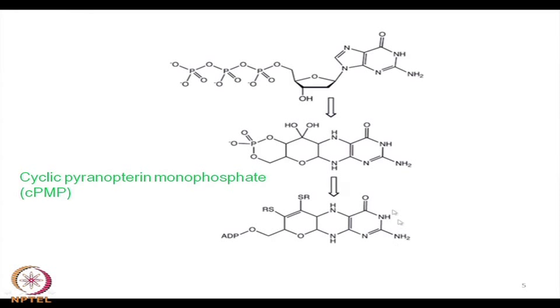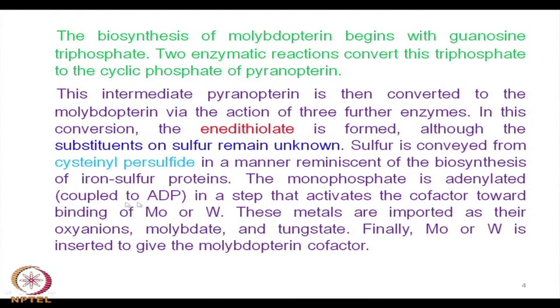very much important, but how it can be generated? People were also able to trace the different enzymatic steps, whether you require 2 enzymes in one step or 3 enzymes in the other step, and you require groups such as cysteine persulfide, how the sulfur is attached, because this sulfur attachment in the biological system is very much similar to that of iron sulfur protein formation.